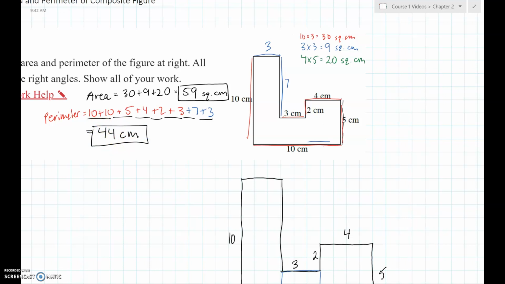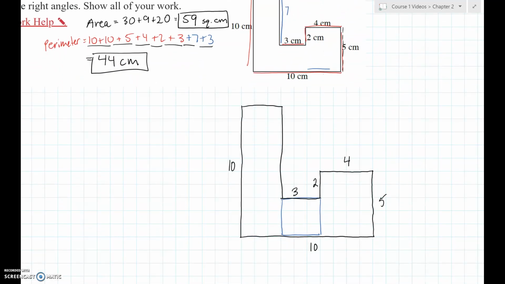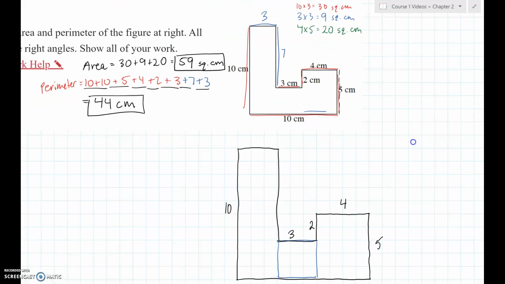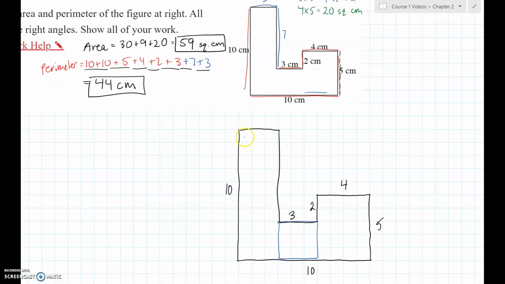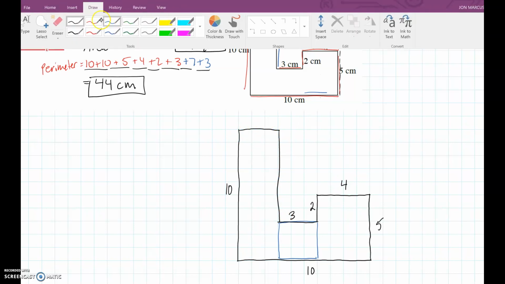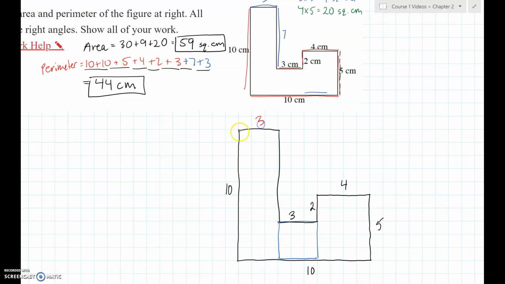Now, I wanted to show you how easy this would have been if you used your composition book and actually drawn it to scale. So actually drew out 7 units, 10 units, 5, 4, 2, 3. And then you would just have to connect the top of this rectangle together, draw it as high as you went, and that would be it. Now it's very easy to see that this rectangle is a 10 by 3, which would be 30 square units there.